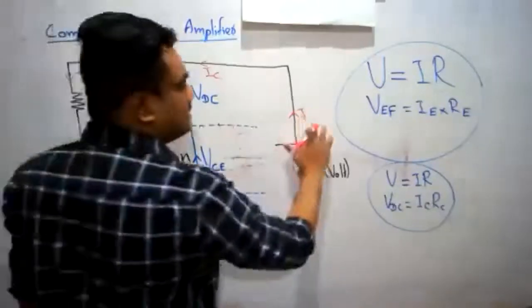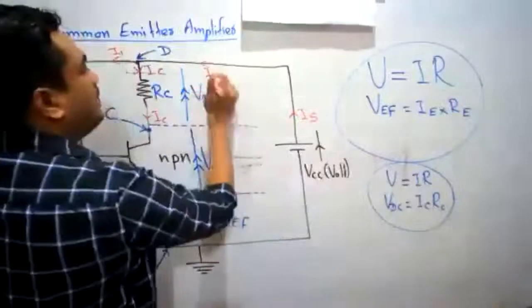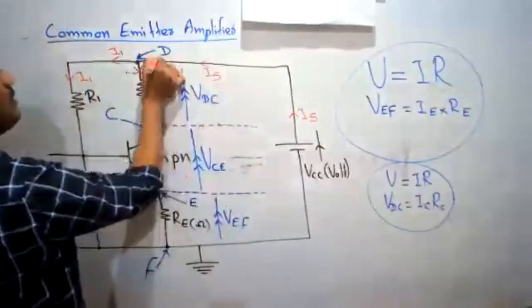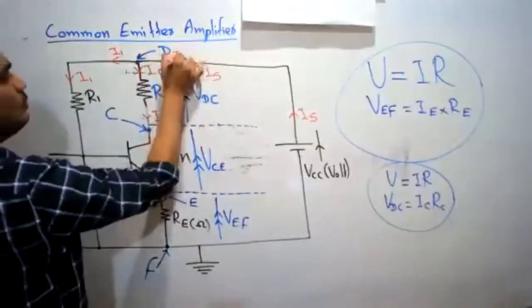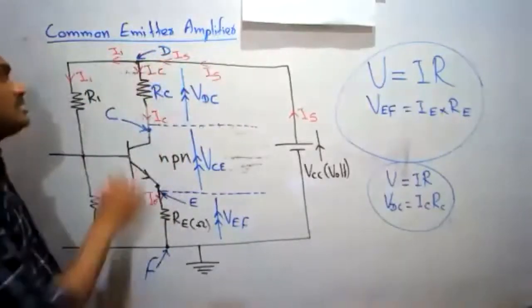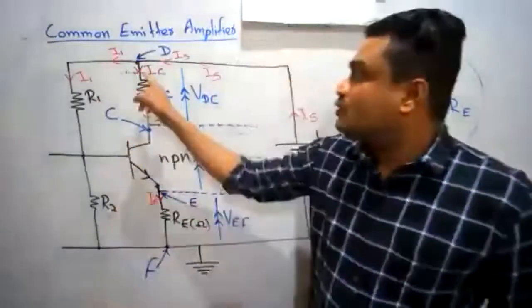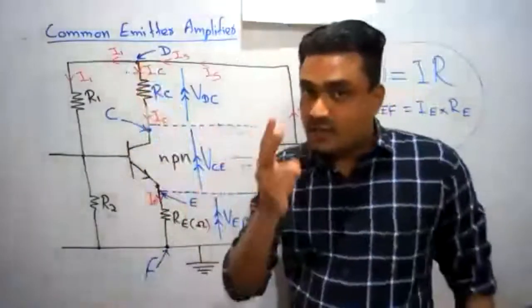Therefore, this is not IC, this is IS, the supply current. When the supply current reaches the point D, it divides into two sections.